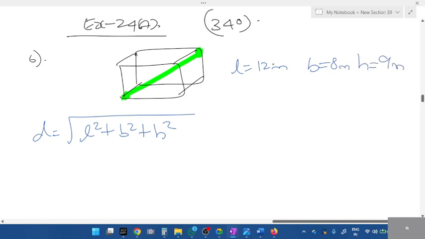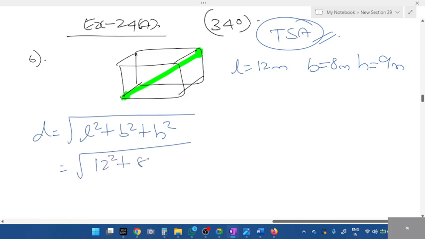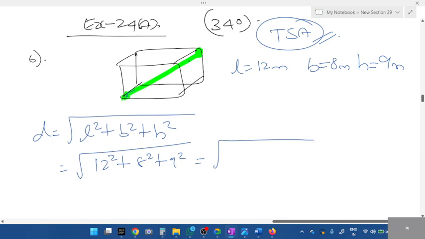Remember we did the same question now 2 minutes back, but instead of diagonal they told us to find what? Total surface area. Now diagonal question. Look at, I'll solve 12 square, 8 square, 9 square. Complete this. So basically, to find the length of this rod, we need to find the diagonal.